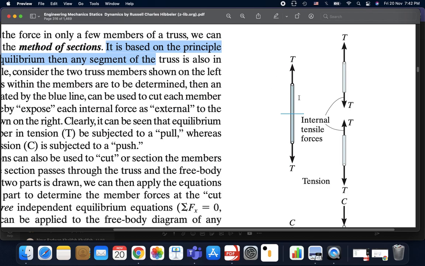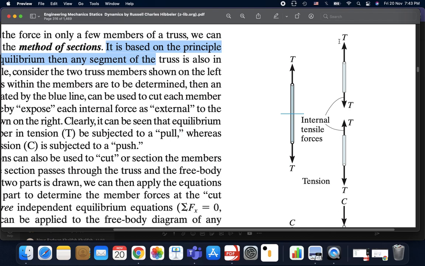So for example, now take this member. Let's assume that it was experiencing or exhibiting tensile forces. Then if we take a section inside this member, now this member will be divided into two segments, this one and this one. Now for each segment to be in equilibrium, if the whole member was under tensile forces, then each end of this member must be under tensile force.